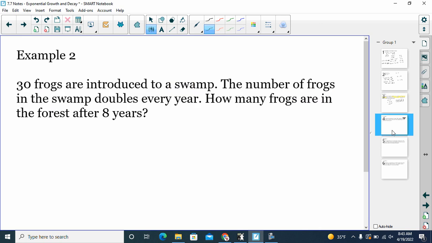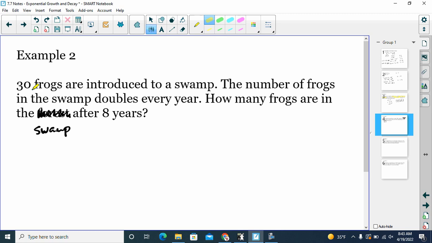Example 2. Example 2 says we have 30 frogs that are introduced to a swamp. I don't know why I put forest here. The number of frogs in the swamp doubles every year. We are asked how many frogs would be in the swamp after 8 years.